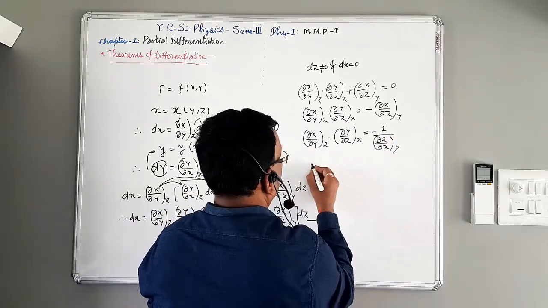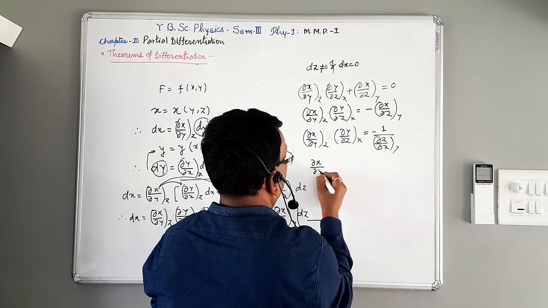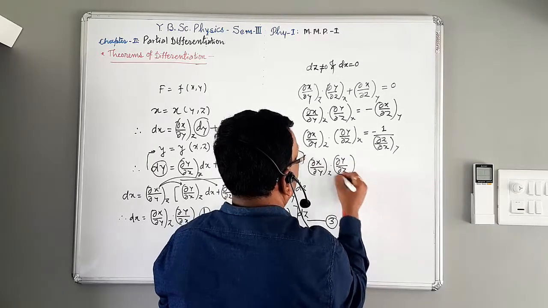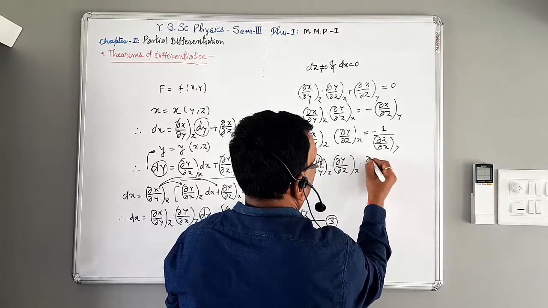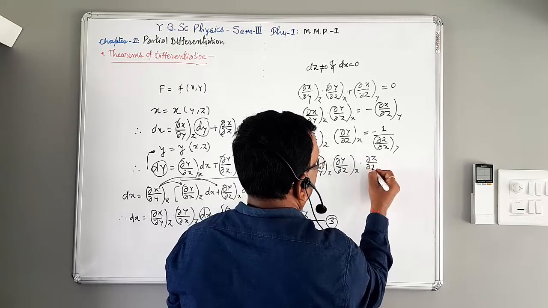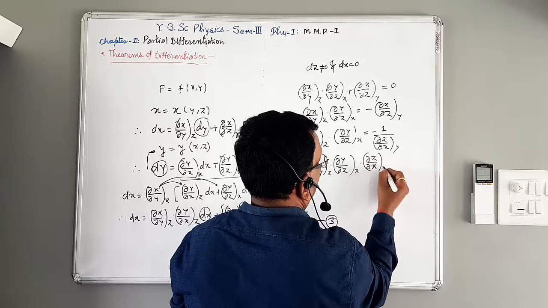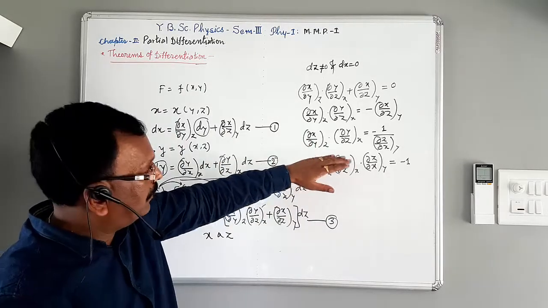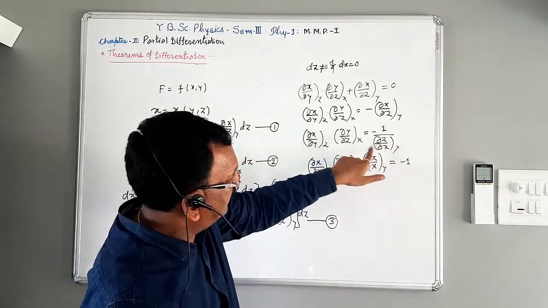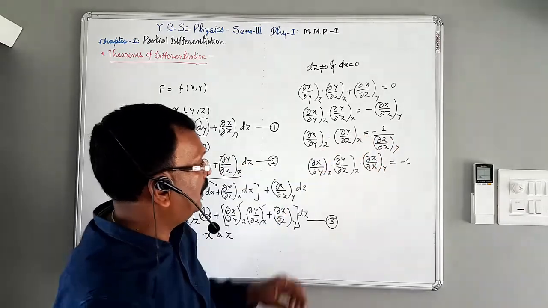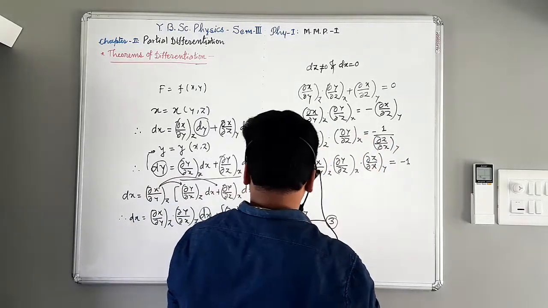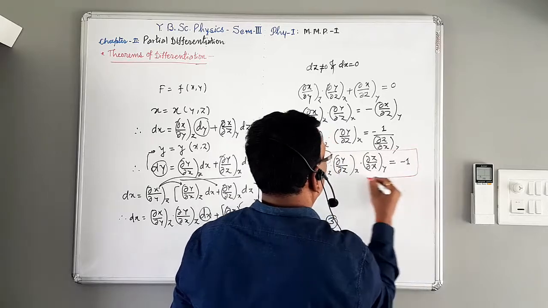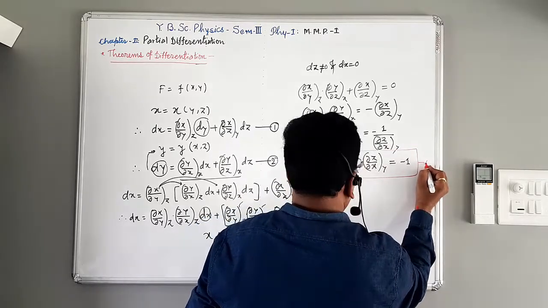Or from this equation we can write ∂x/∂y at constant z into ∂y/∂z at constant x into ∂z/∂x at constant y is equal to minus 1. How does this equation come here? Because this term again goes to the RHS of this equation, and that is equation 5.